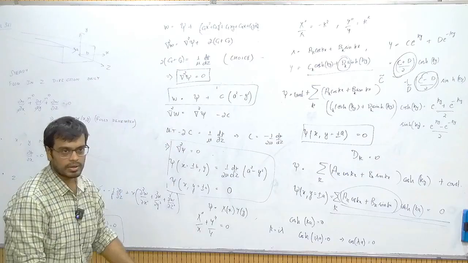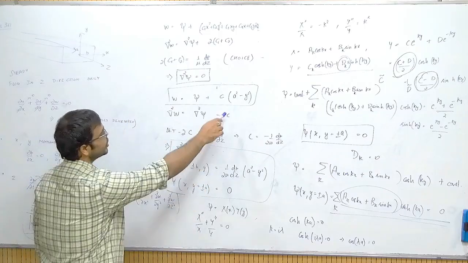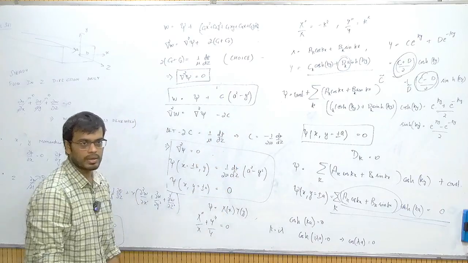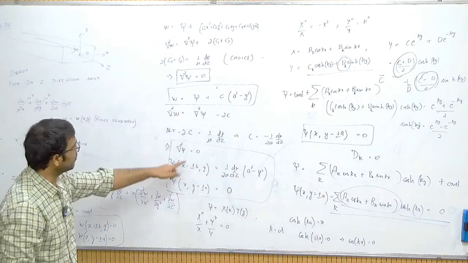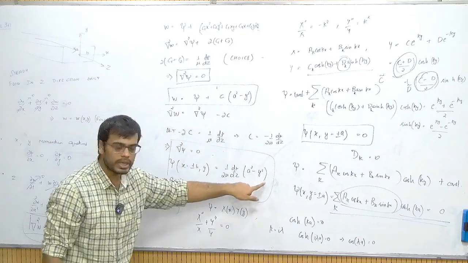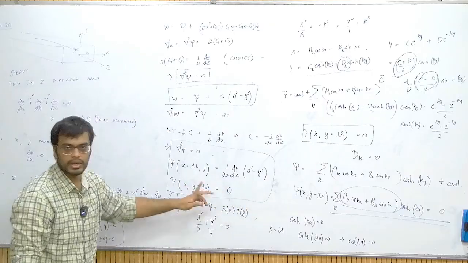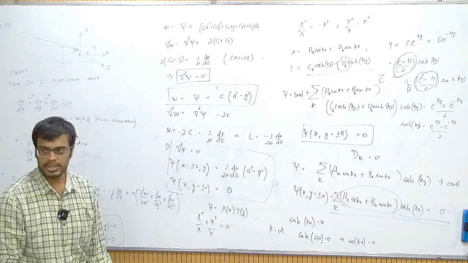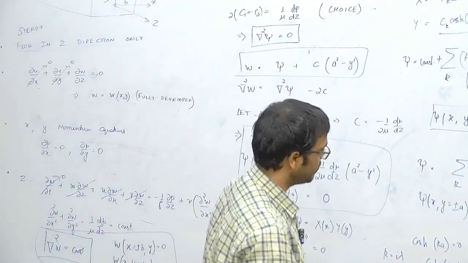I don't want to write a lot. You can also do the whole derivation with c times b squared minus x squared. Choosing b squared minus x squared will simplify this boundary condition, and you can proceed with the algebra just as is. There is no problem.